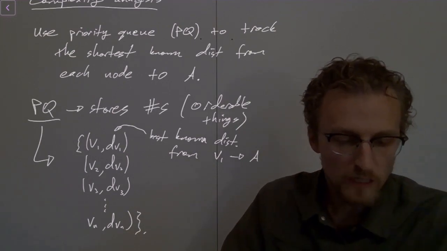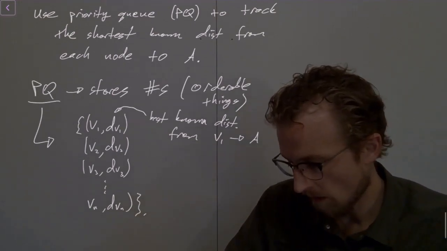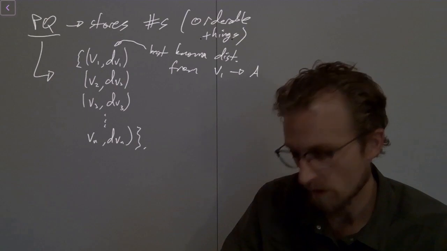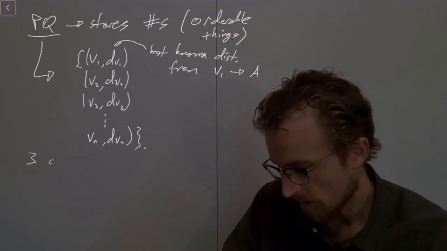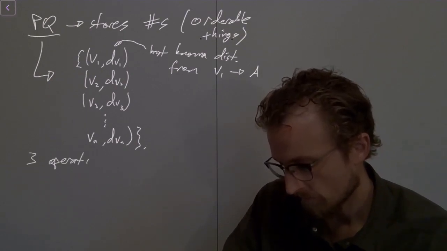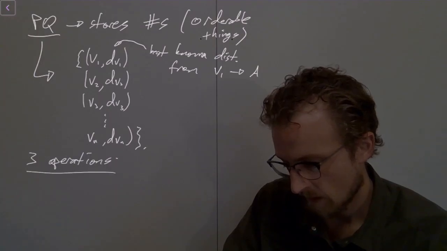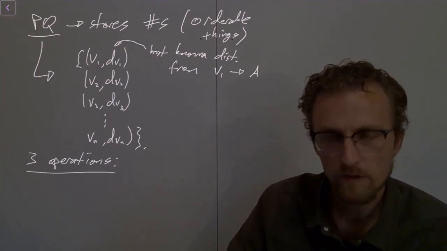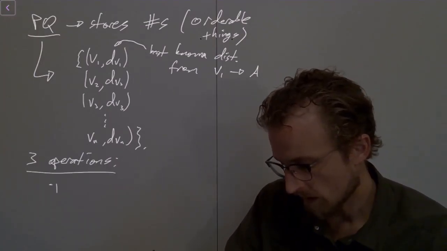And we have essentially three operations that we're allowed to do on a priority queue. Here are the names I'll give these operations. The first one is insert.